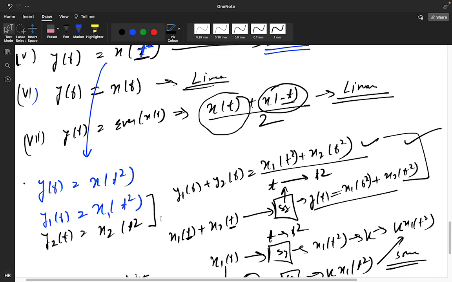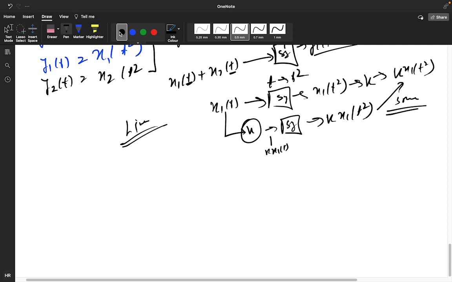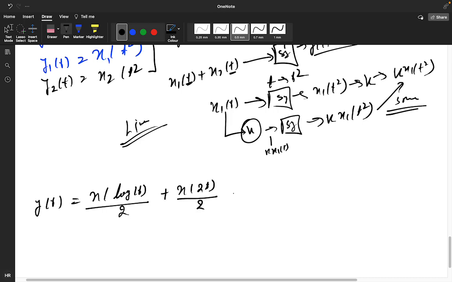In the same manner, you have some system like y of t is equal to x of log t divided by 2 plus x of 2t divided by 2. So this is linear, so overall it will be linear only.